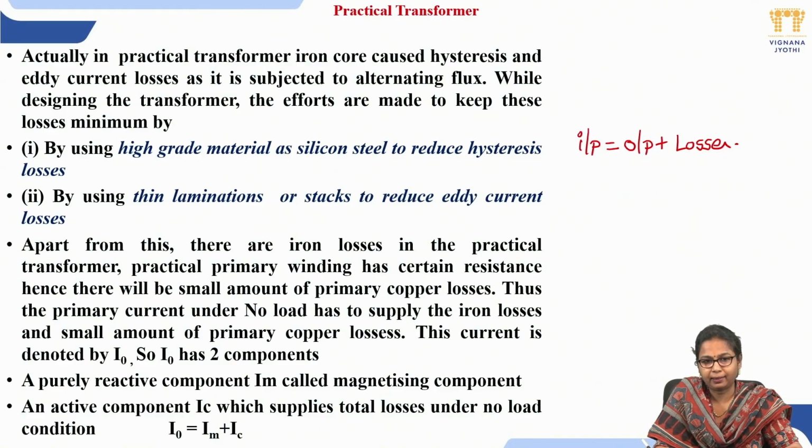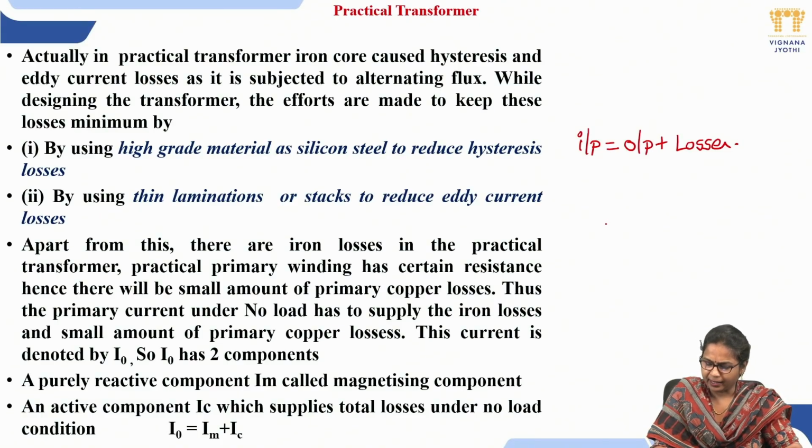In a practical transformer, the iron core causes hysteresis and also eddy current losses when it is subjected to an alternating flux. When designing the transformer, efforts have to be made to keep these losses as minimum as possible. Hysteresis losses can be reduced to a larger extent by using high-grade materials such as silicon steel, and eddy current losses can be reduced to a larger extent by using thin laminations or thin stacks of laminations.